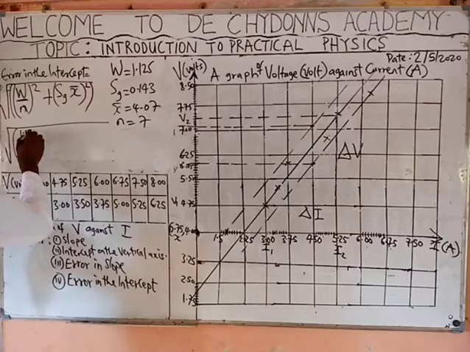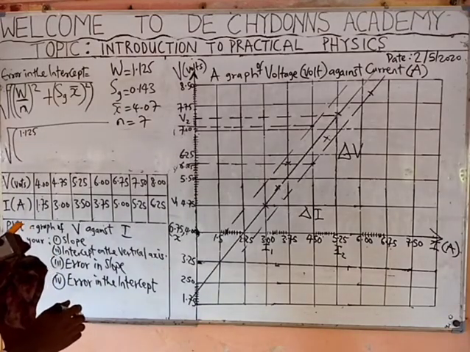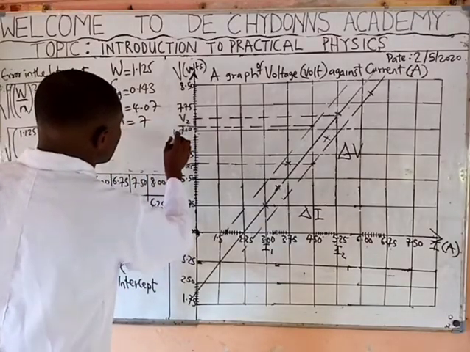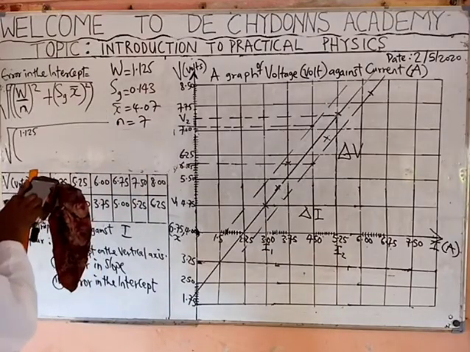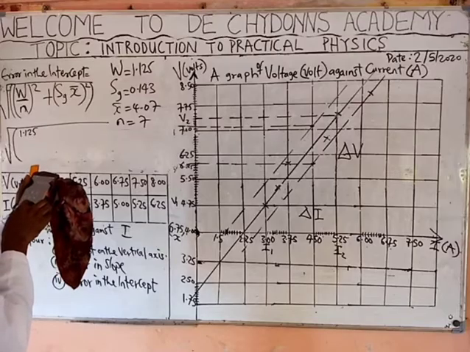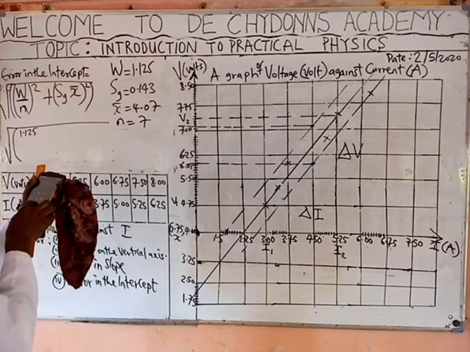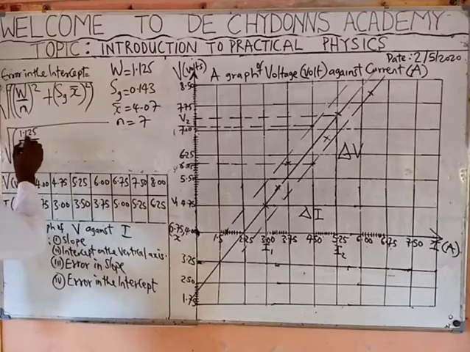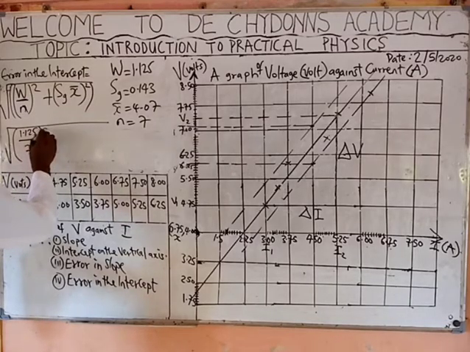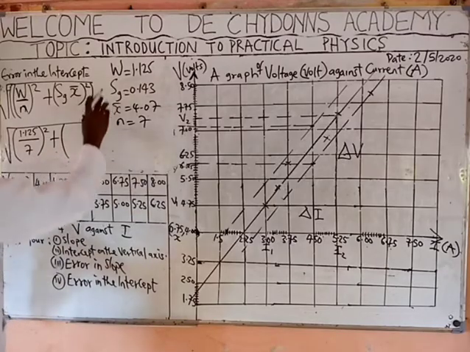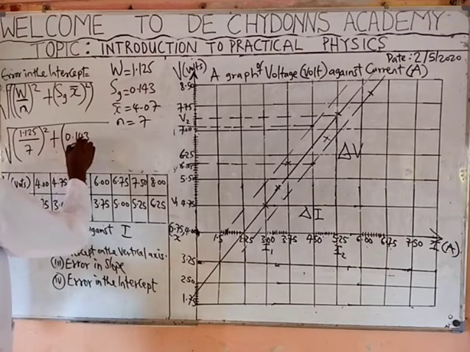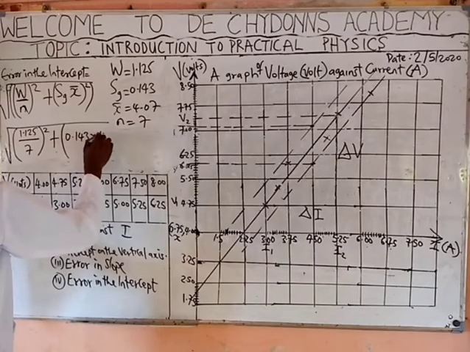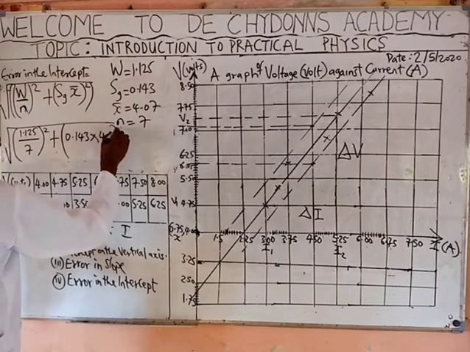W is 1.125, all over our n, which is 7, all squared, plus what is our error in slope? 0.143 times the mean of the value of the x-axis, which is 4.07, all squared.